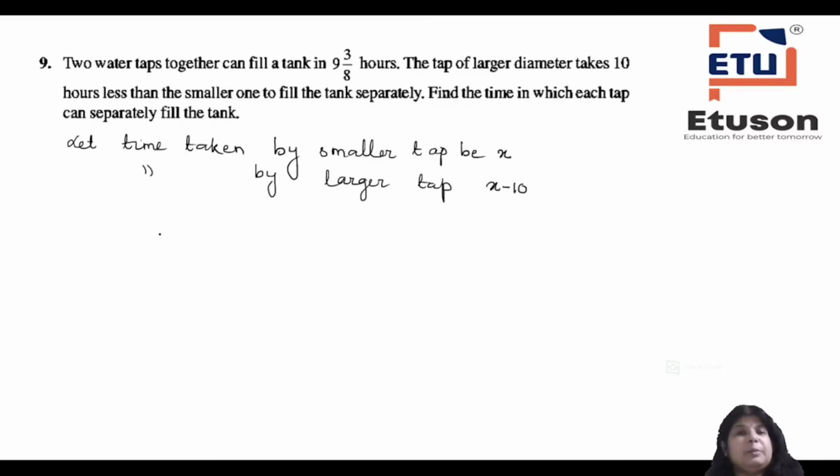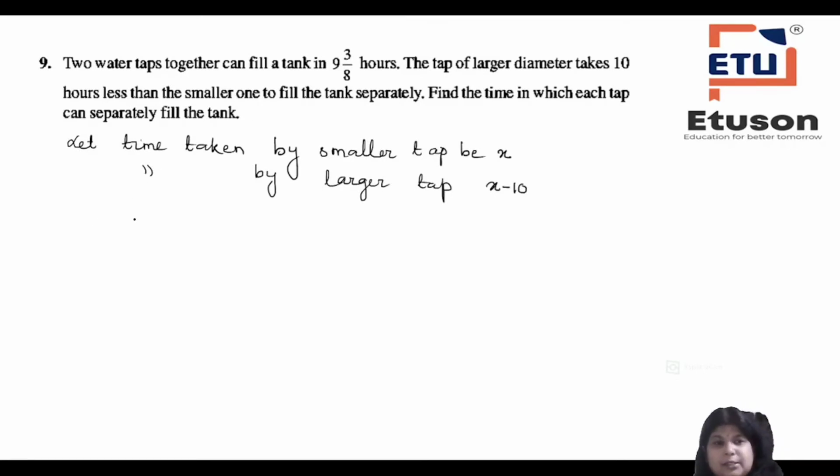How much water will be filled by the larger tap alone? It will be 1 divided by x minus 10. And if two taps taken together, the total time taken is 9 3 by 8 hours, then what is the part of the tank which is filled in 1 hour? That is 1 divided by this number, that is 9 3 by 8, correct or not?